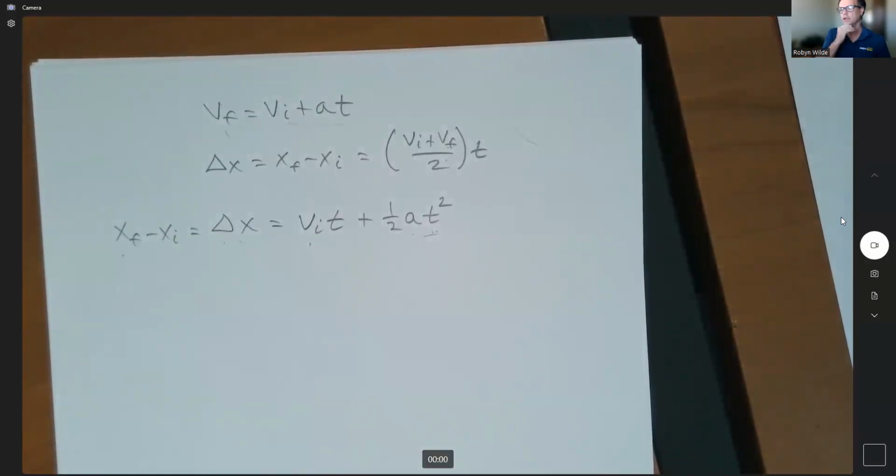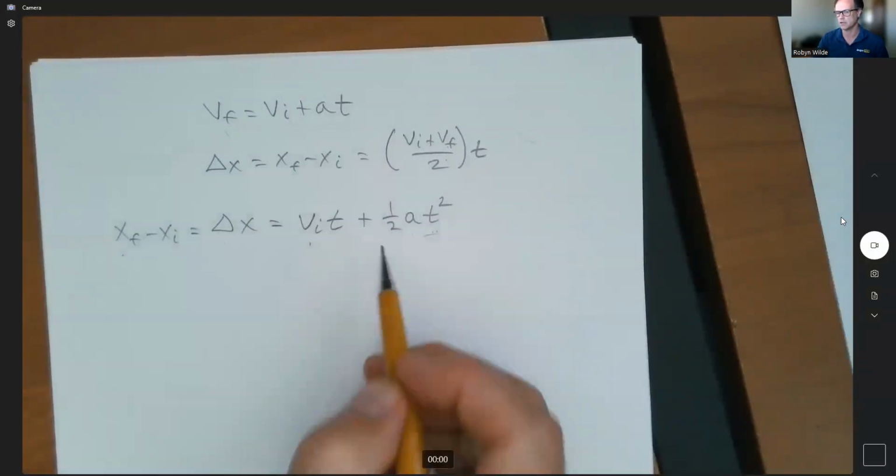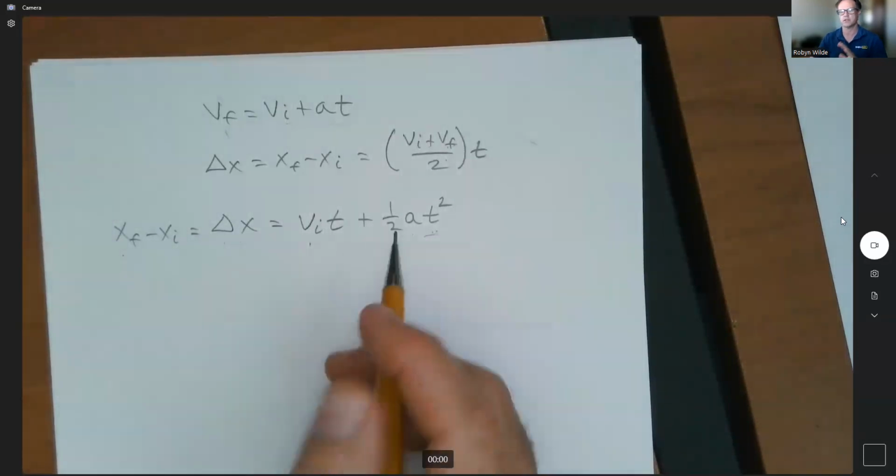I'm going to write down one last kinematic equation that doesn't have the time, because there can be problems where we don't know right offhand the time. As it will turn out, I could always solve for the time from one of the equations and use another one to get whatever other quantity I'm looking for. But let me write down the last kinematic equation. The way this is obtained is just by some algebra.